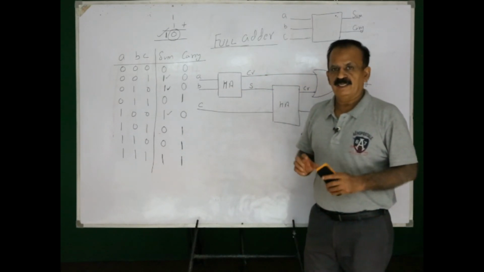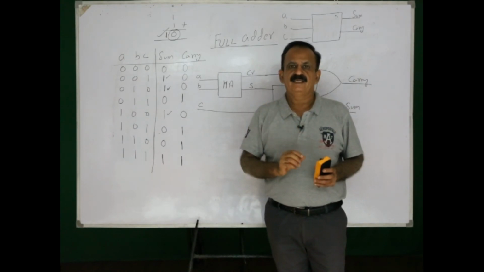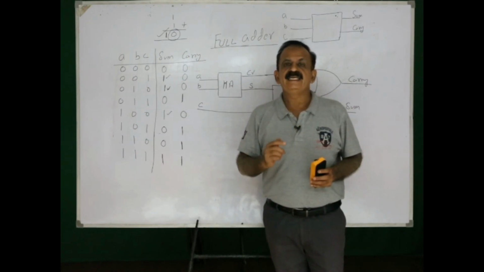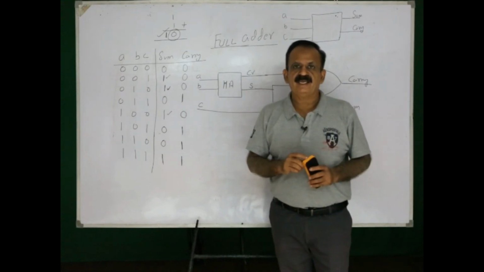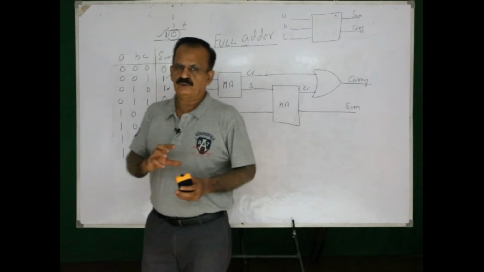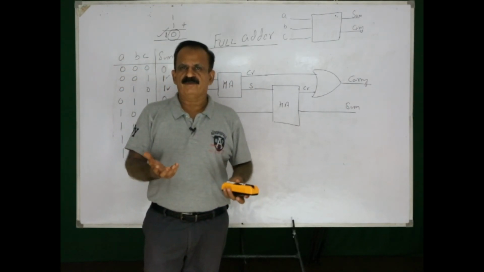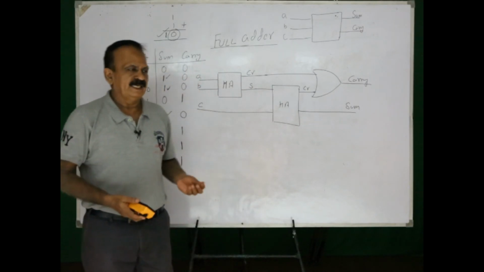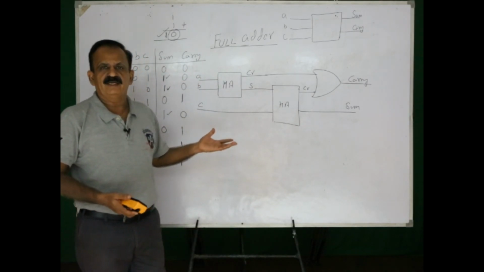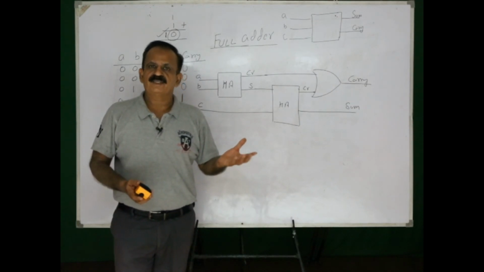That means we have to implement the values of sum and carry by using only NAND gates, because NAND gate is a universal gate. So, we can have a question in any form: straightforward explanation of half adder or full adder, or implementation of half adder or full adder with the help of universal gates.